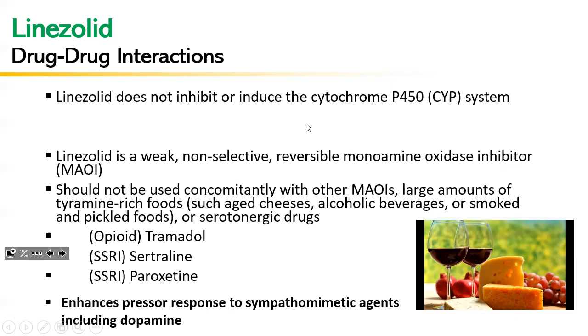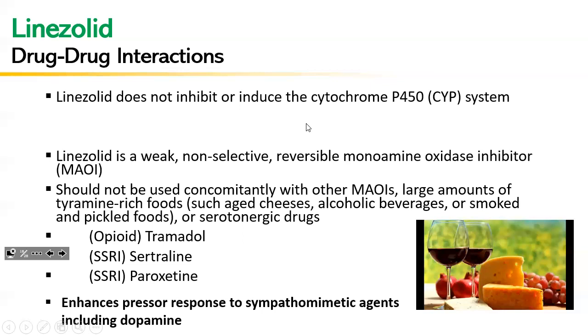Also, patients need to be counseled about the use of smoked and pickled smoked beef, like the beef and turkey, like chicken, and also other agents that act on the serotonin pathway, like tramadol, one of the analgesics.